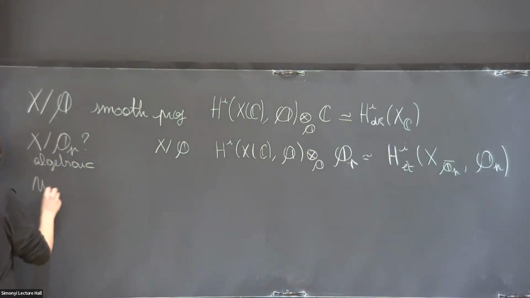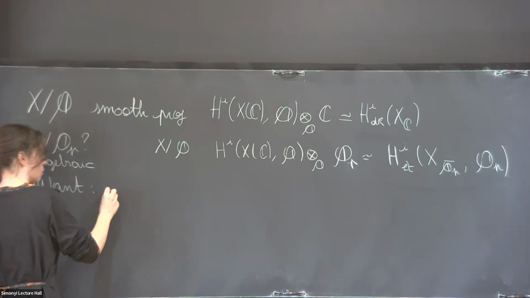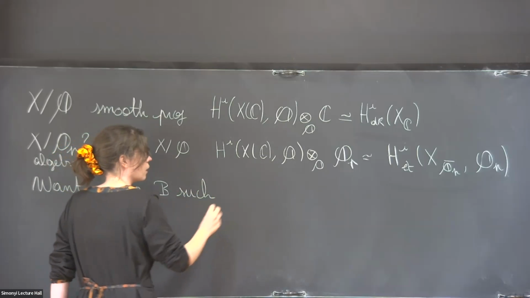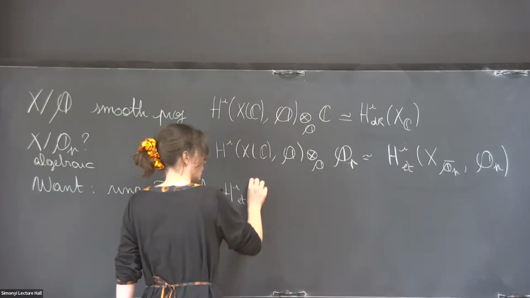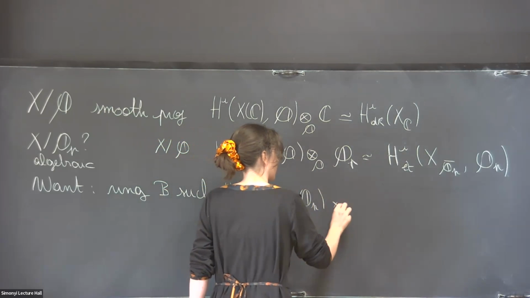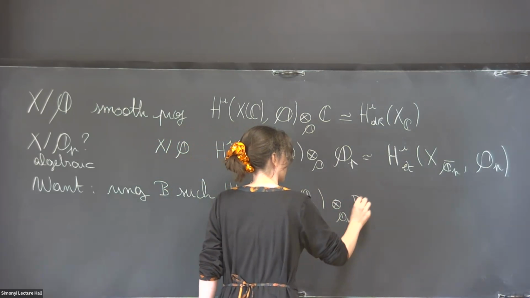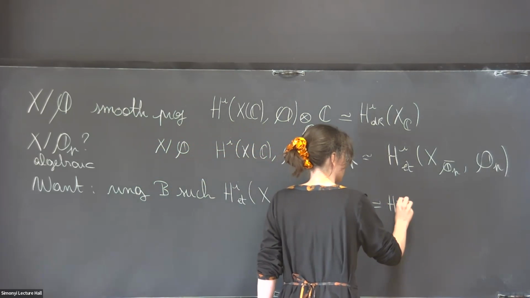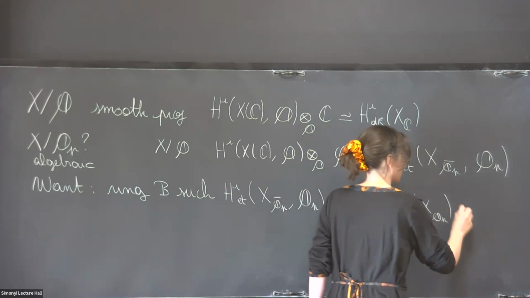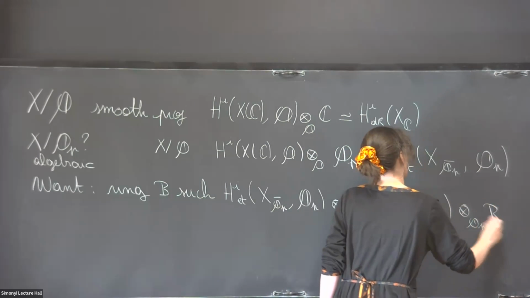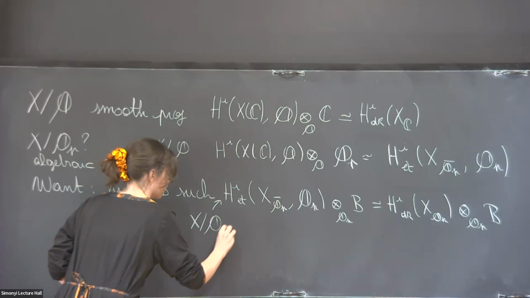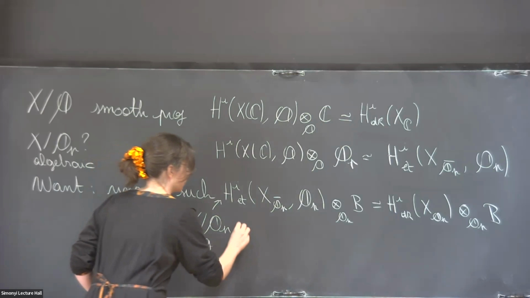And so what we want is some ring B such that we have an isomorphism between this p-adic homology and the de Rham homology, tensor B. We want this for varieties over Q_p, algebraic, and maybe some hypothesis.